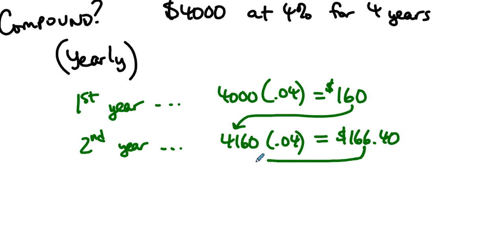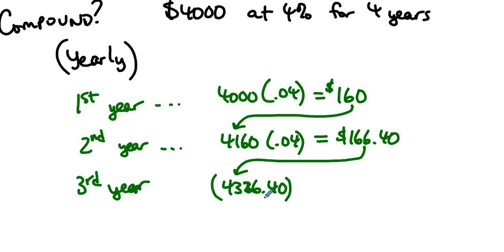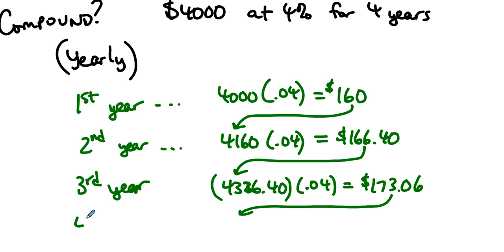And then the bank adds that money on, so that at the end of the third year, it's not $4,000, it's not $4,160, it's $4,326.40 that gets the 4%. And your calculator can tell you that gives you $173.06 in interest, which the bank then reinvests in your account.